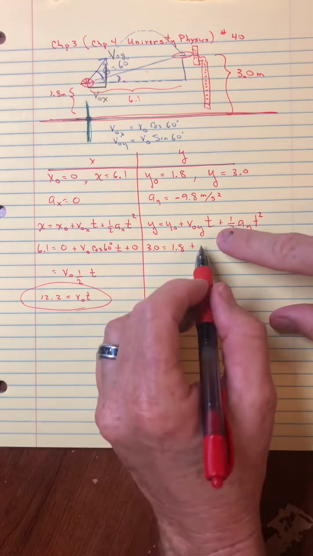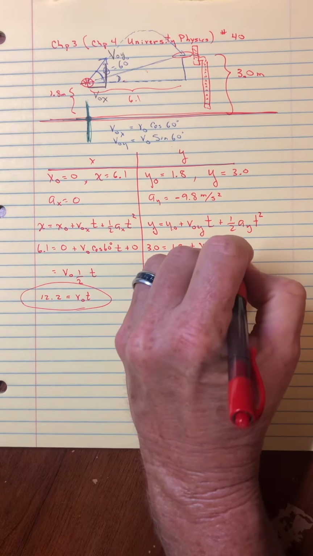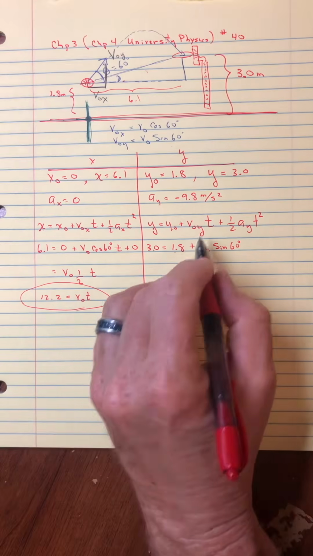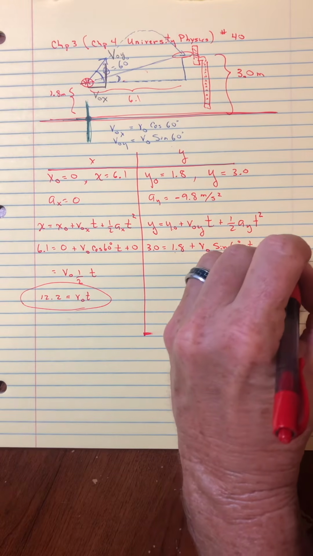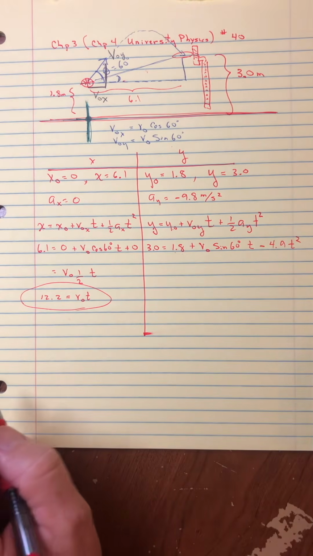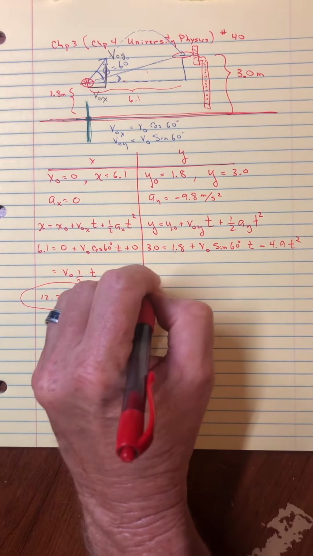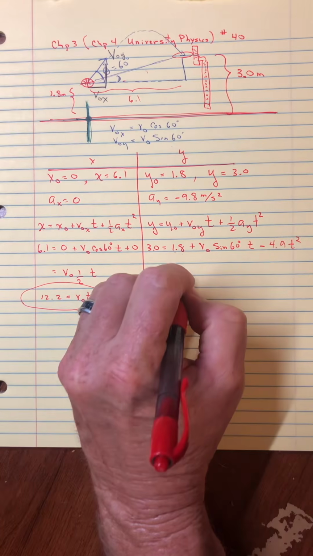All right, so let me go with the y here. So this would be v naught sine of 60 degrees multiplied by time, and then minus 4.9 t squared. And then maybe I'll move the 1.8 over to here like we talked about before, so 1.2.